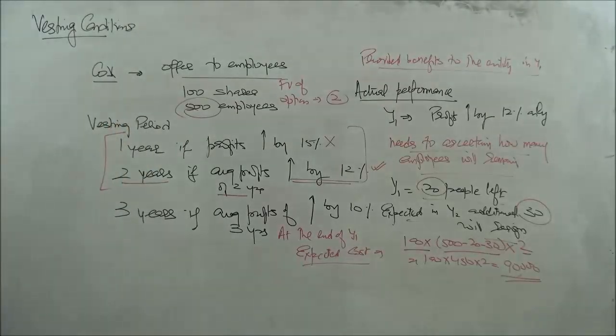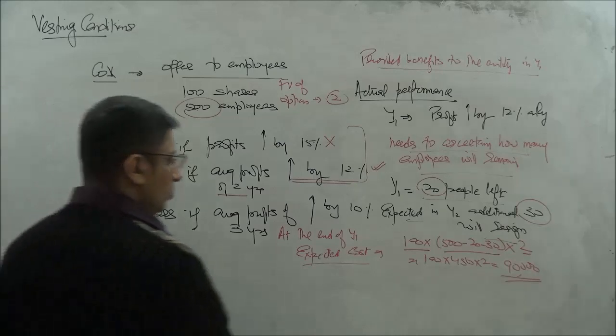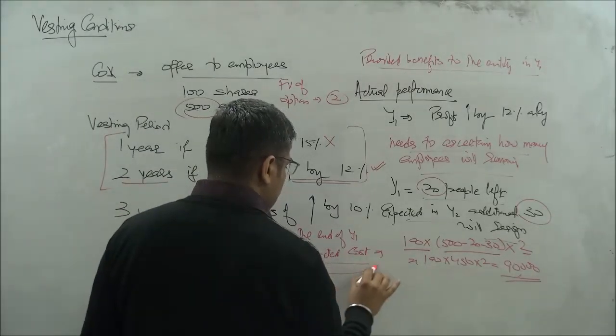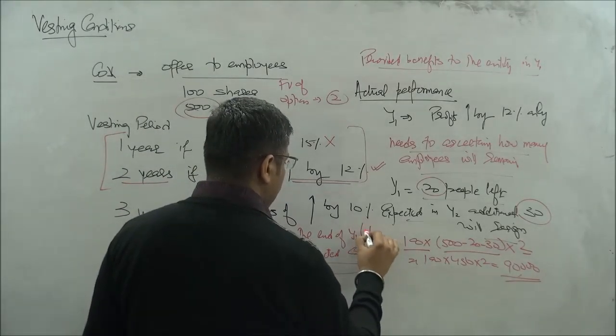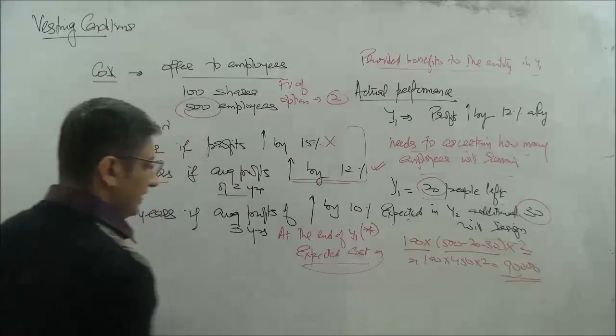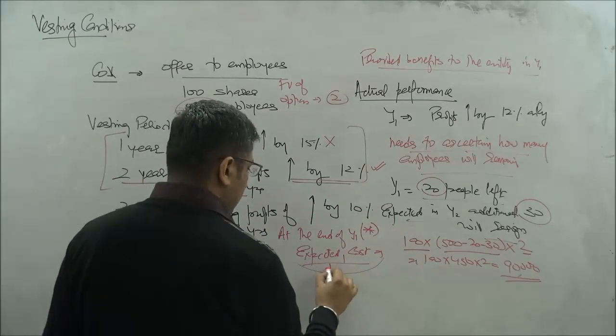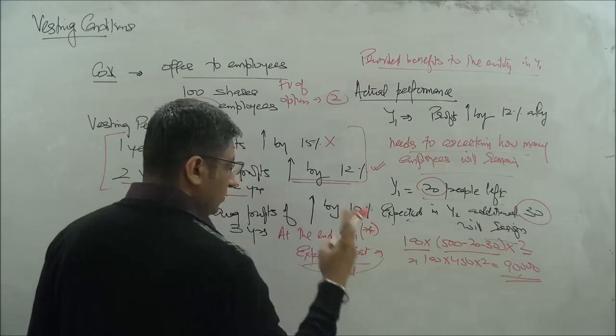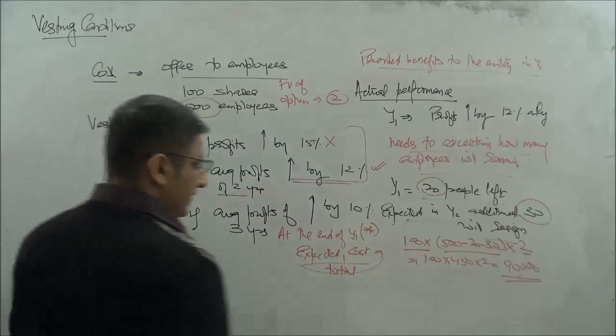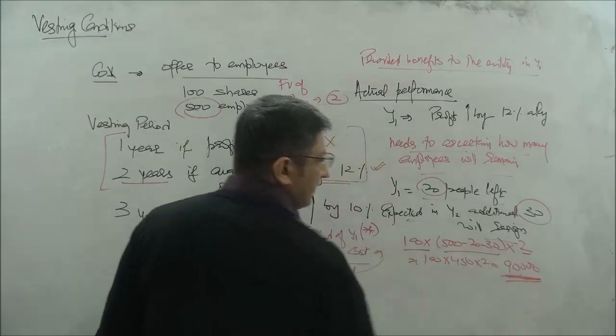But this is not year one, this is the total cost. You're just calculating at the end of year one the expected total cost of the option over the 2 years vesting period. That comes to 90,000.